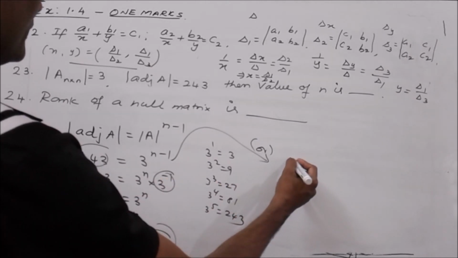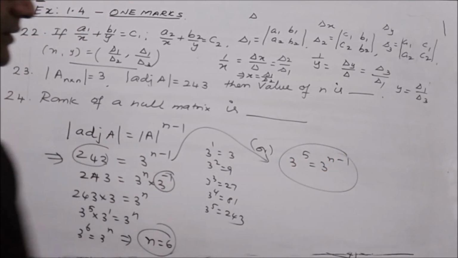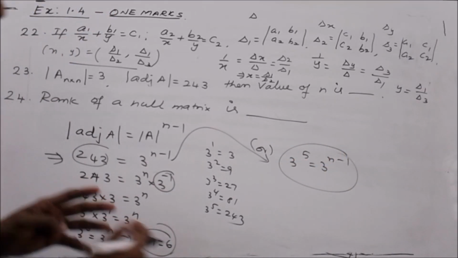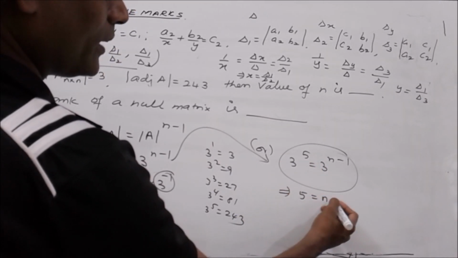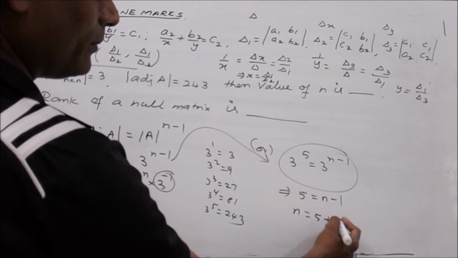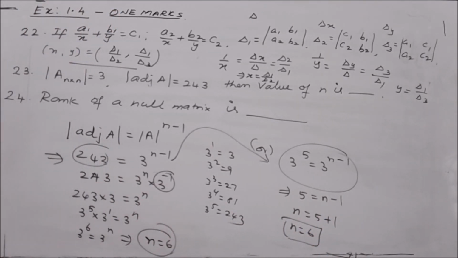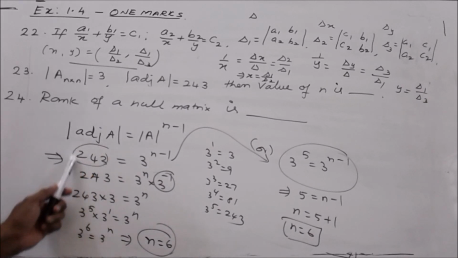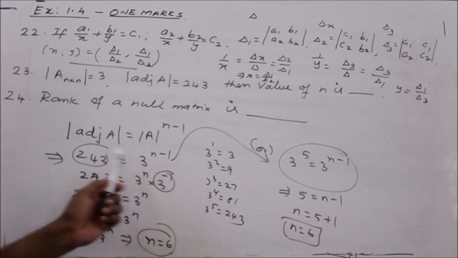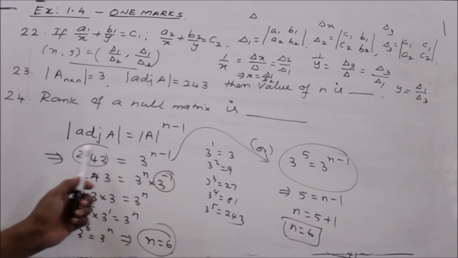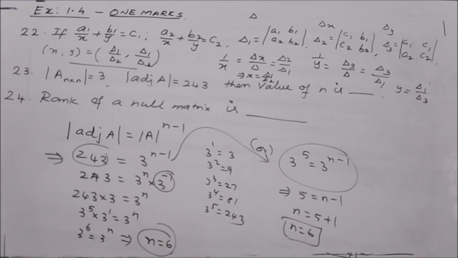So the left side is 3 power 5 equal to 3 power n minus 1. When the bases are equal, we can equate the powers. So 5 equal to n minus 1, then n equal to 5 plus 1, n equal to 6. You can go either way, converting 243 as 3 power 5 because we have base 3 on the right side, equate the powers, and we will get n equal to 6.